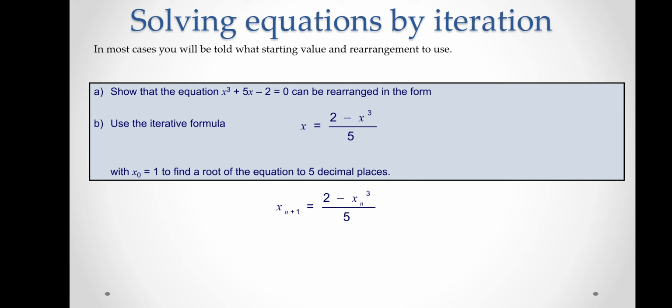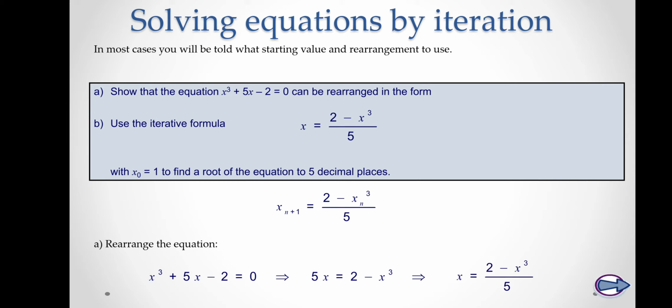Then use the iteration formula as this one, and by taking x naught as 1, find the root of the equation to 5 decimal places, right? Okay, rearrange this formula. First you can take 2 and x cube to the right hand side, then divide by 5. Okay, then the equation is x equals 2 minus x cube over 5.